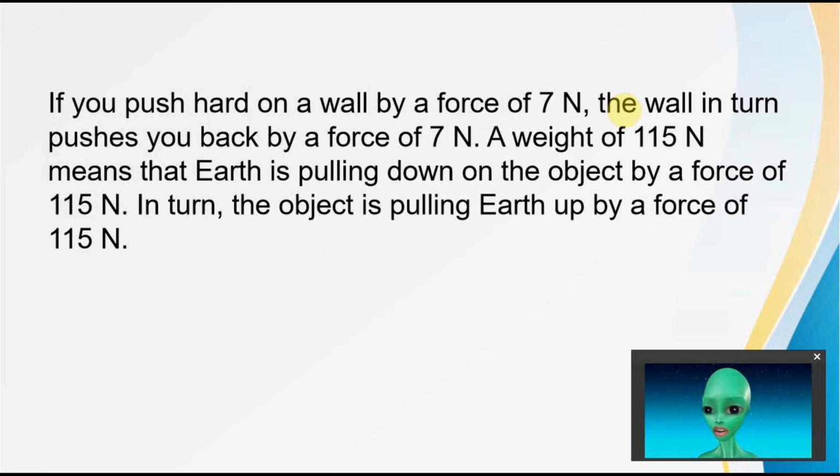A weight of 115 newtons means that the earth is pulling down on the object by a force of 115 newtons. In turn, the object is pulling the earth by a force of 115 newtons. So again, equal, but their directions are opposite.